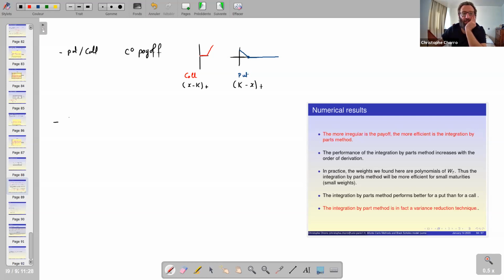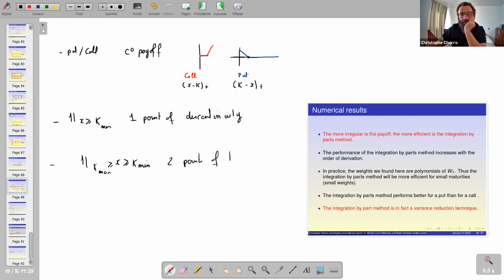If I consider the digital, that is the indicator function of x greater than k, I have 1 point of discontinuity. If I consider the corridor option, I have 2 points of discontinuity.